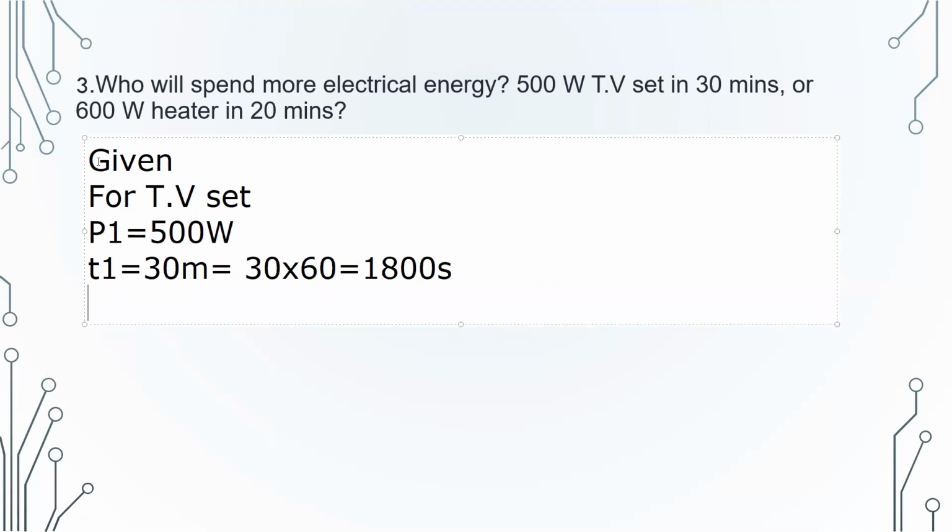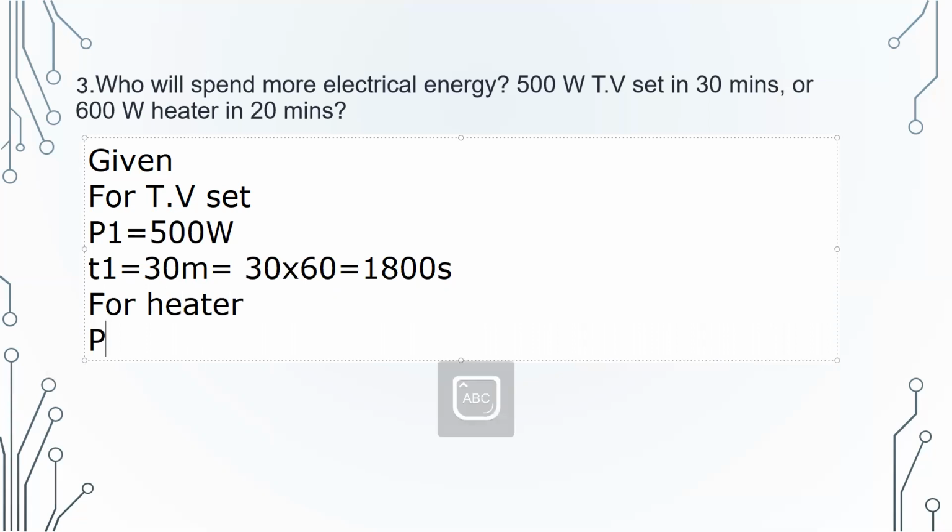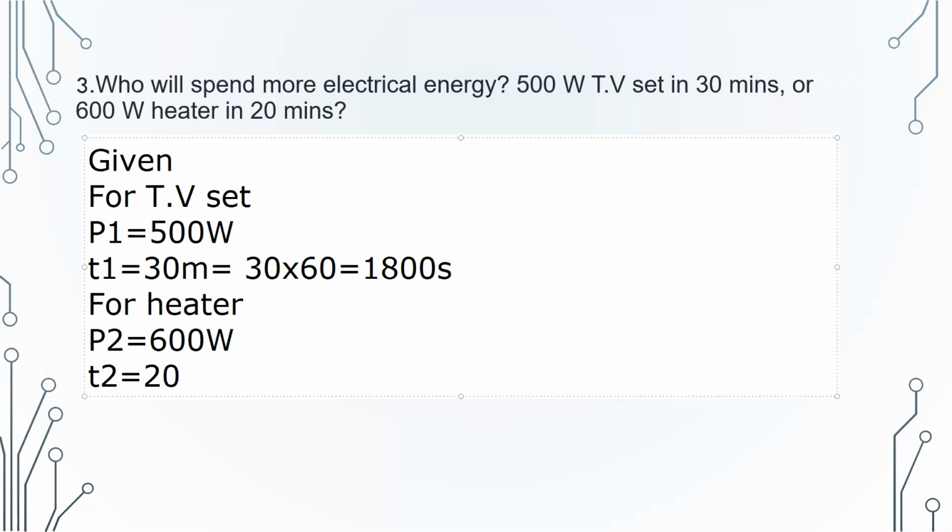Okay. Now, we want to find out the electrical energy consumed. Electrical energy consumed for TV set, we want to find out. And for heater also we want to find out. First, we will write what is given. Now, for heater, the power is P2. P2 is equal to 600 watt and time T2 is equal to 20 minutes.